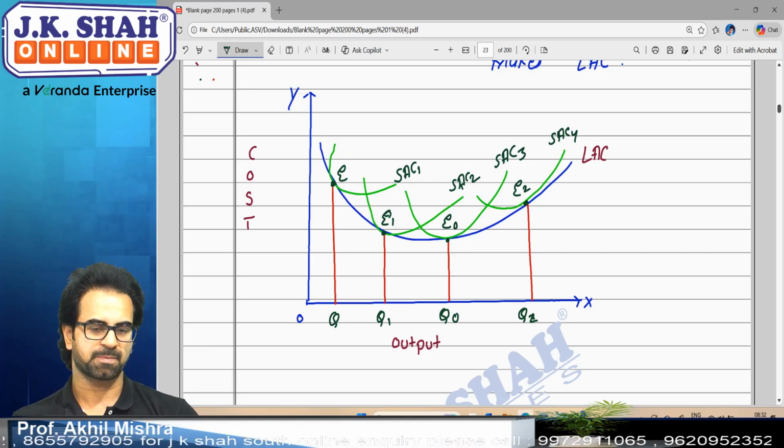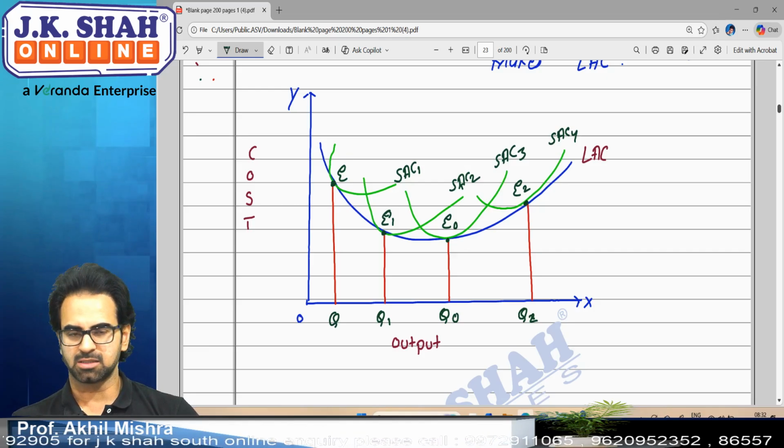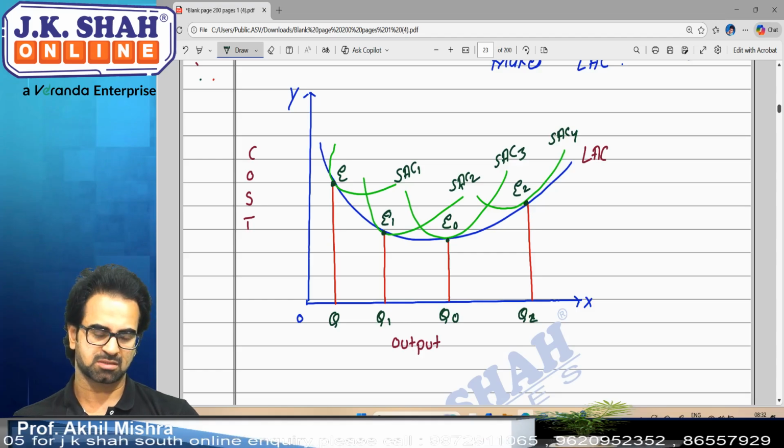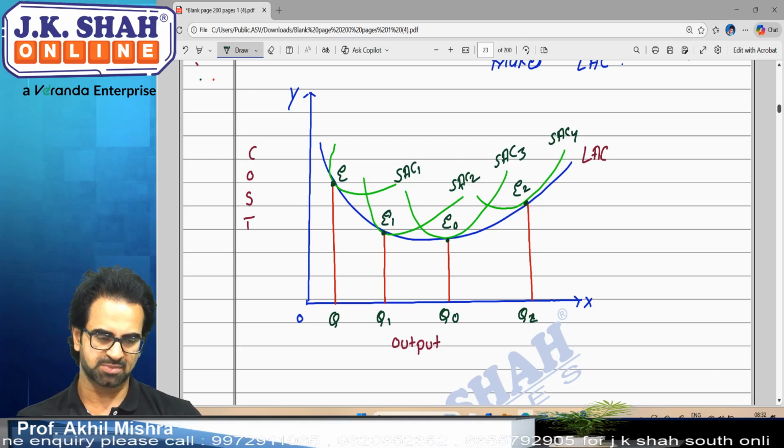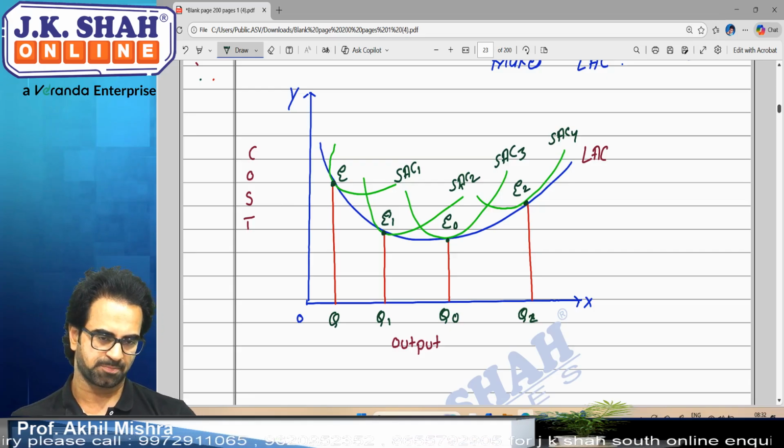It's like a kid and the same kid when he turns into an adult, you cannot change the DNA. The basic features of the face and the body are mostly the same. Same thing happening here. The nature of SAC and LAC both are the same.